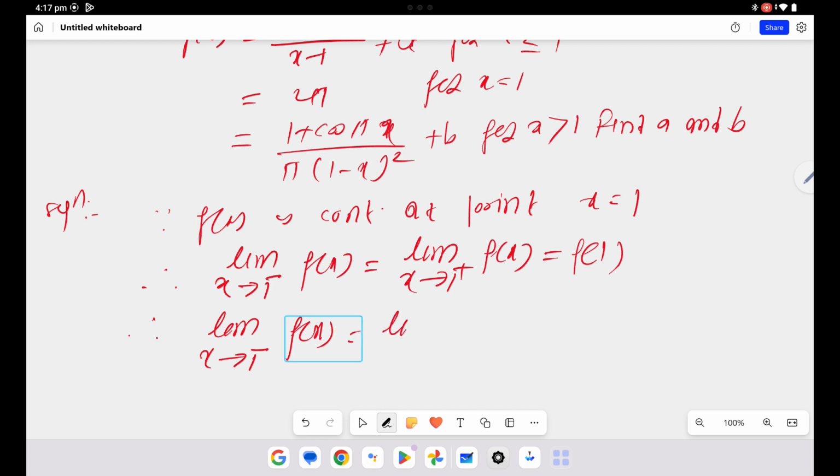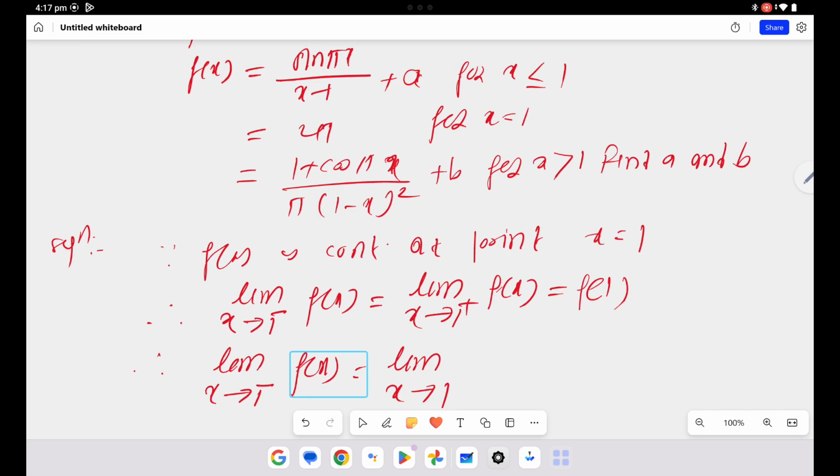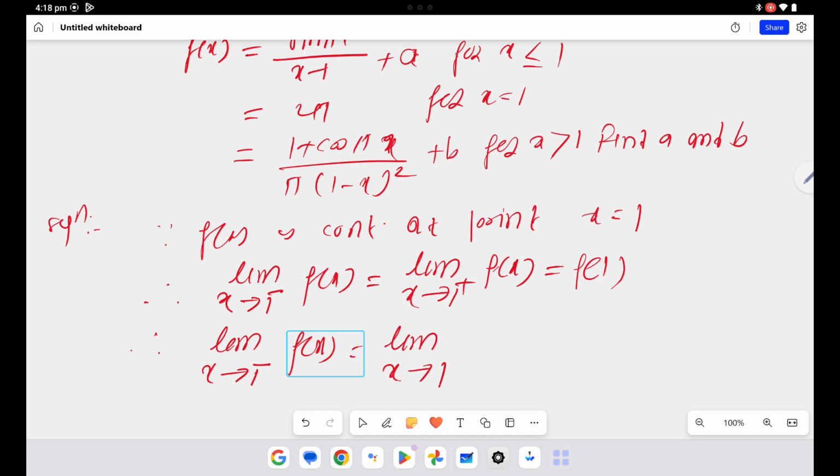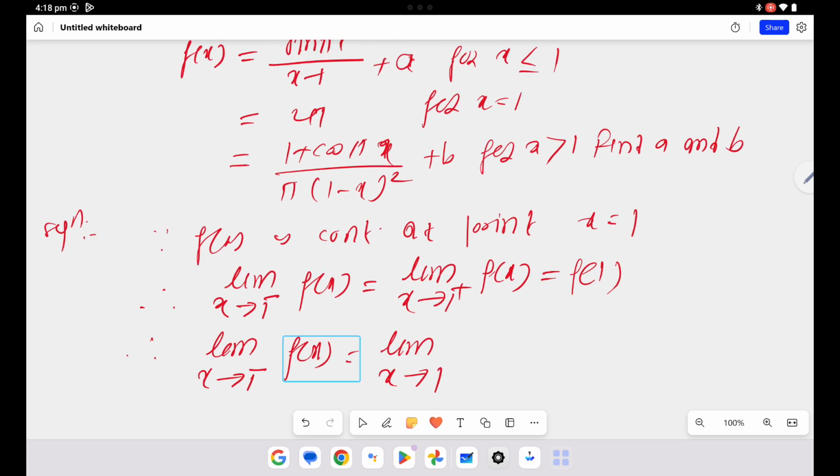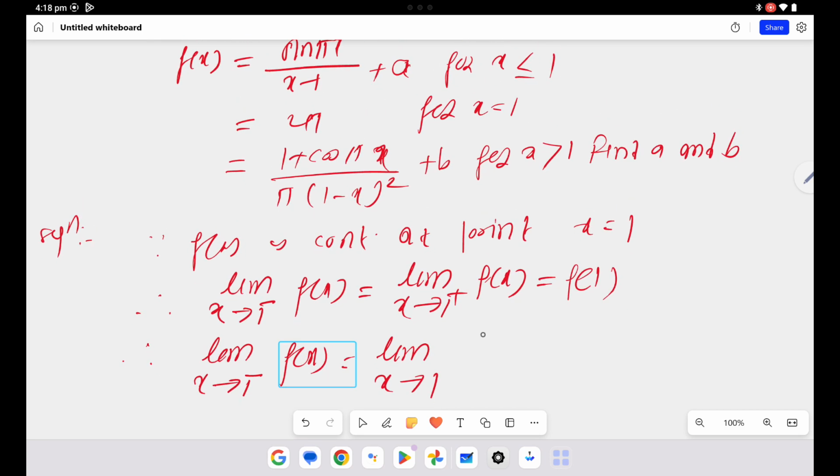For the left hand limit, x is less than 1, and for x less than 1 the function is sin pi x upon x minus 1 plus a. So we write here the function sin pi x upon x minus 1 plus a.